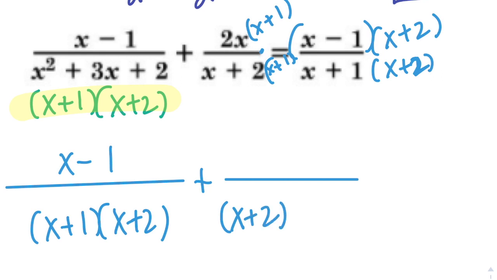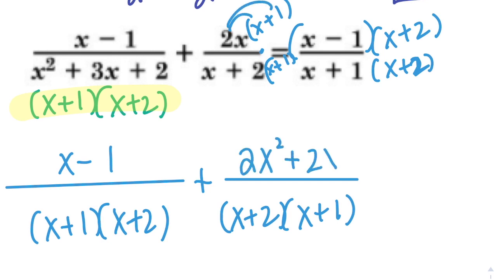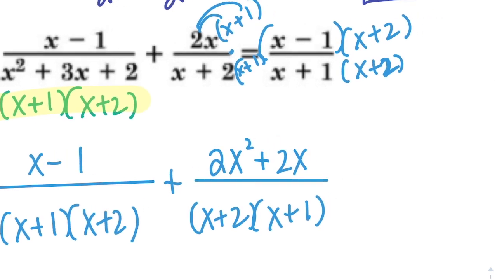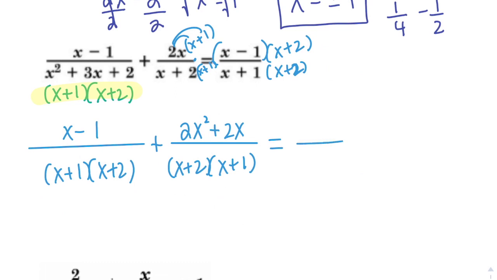Doesn't matter, those are the same. And my numerator, distributing that 2x, I'm going to end up with 2x squared plus 2x, because 2x times 1 is 2x, equals, my denominator is x plus 1 times x plus 2, and I'm going to leave it just like that in factored form.